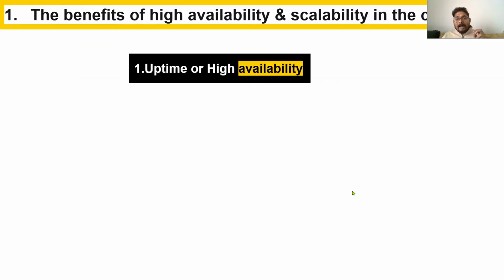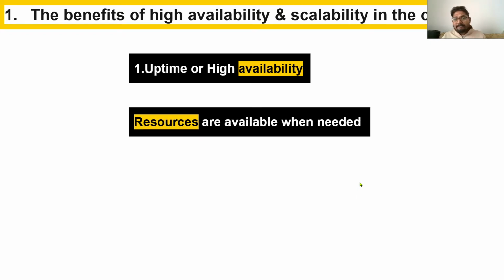Now, the very first factor, uptime or high availability. What does that mean? Resources are available when needed. For example, I need the commercial site to run 24/7. That is my need.